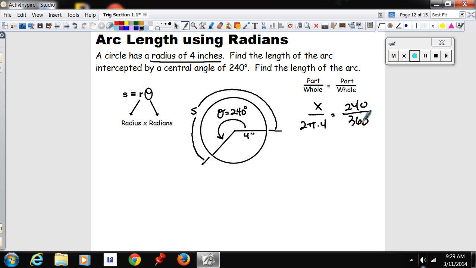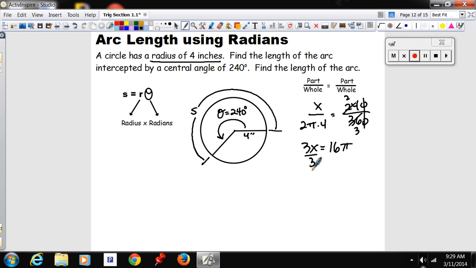So could I reduce 240 and 360 to make it easier for me? Yeah, I could first divide them by 10 and get rid of that. Could I reduce 12 over 36? Yes, divide them by 12 and get a 2 and a 3. So let's multiply 3 times x, get 3x. 2 times 4 is 8. 8 times 2 is 16, and we have a pi.